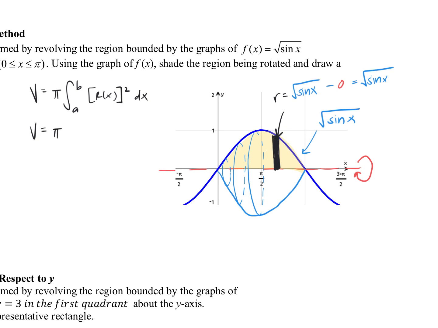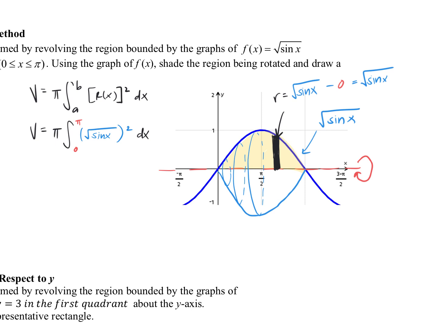So I've got pi out front, and then I'm integrating the square root of sine of x, squared. And then what are my bounds going to be? Where am I starting for x's, and where am I ending? 0 and pi. Start at 0, end at pi.